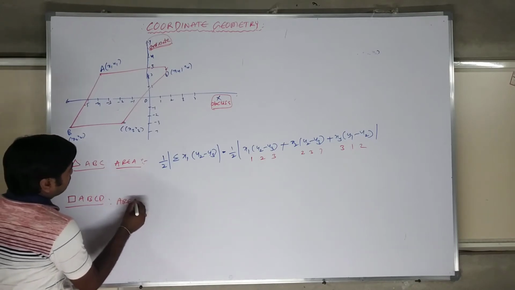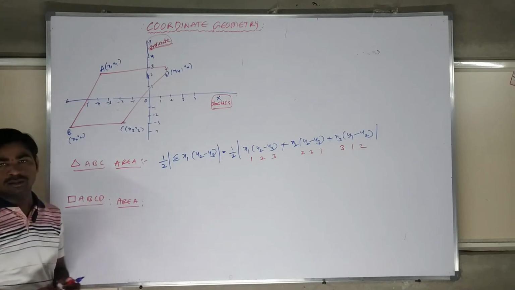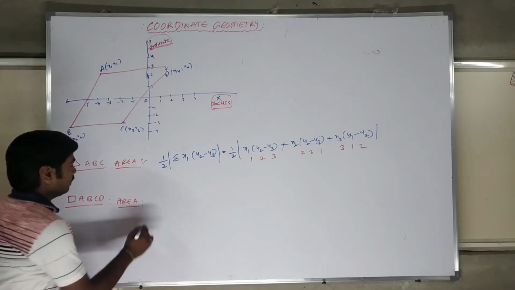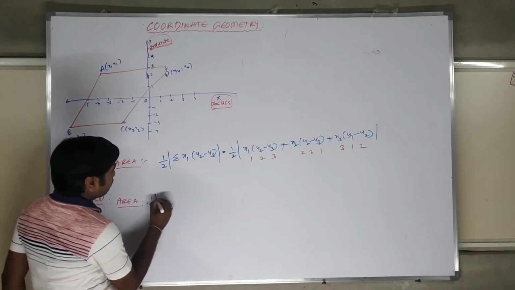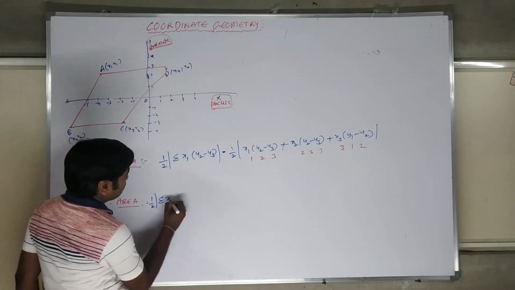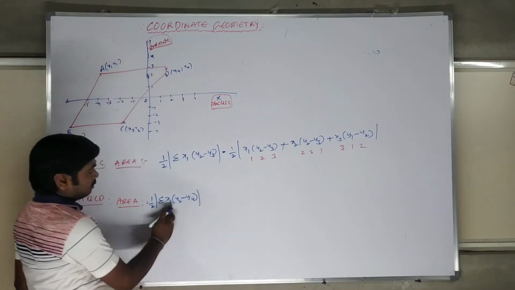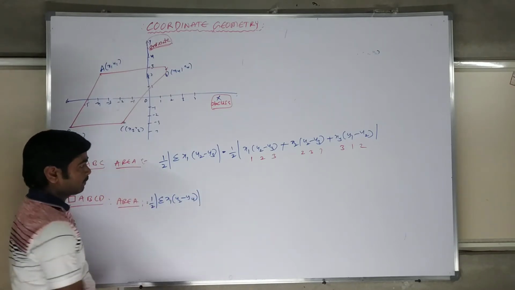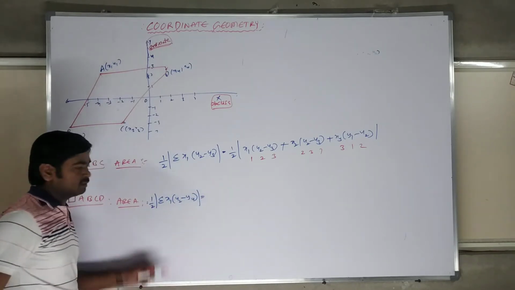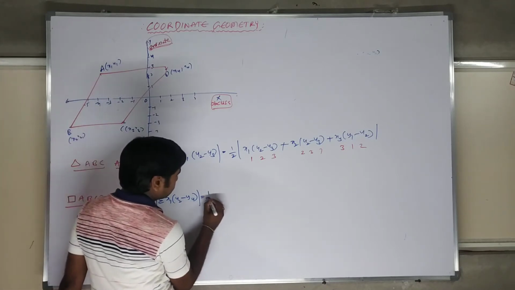Whatever the quadrilateral may be, when the points are given, we have a formula for that also. 1 by 2 into sigma x1 into (y2 minus y4). With 1, 2, 3 the 4 will come. If you want to extend this formula, I can write it very clearly.